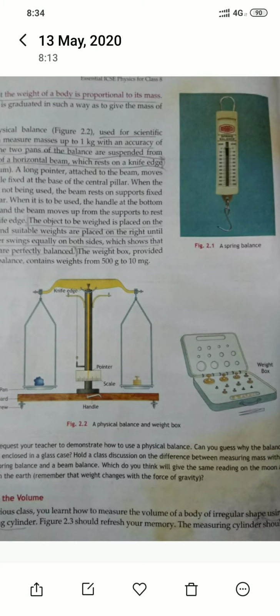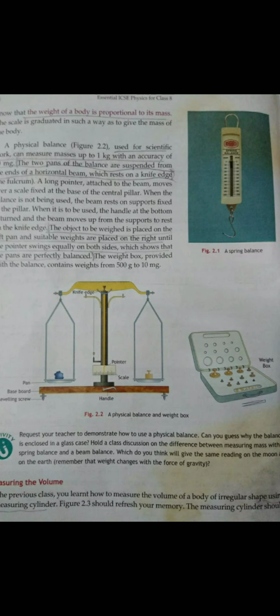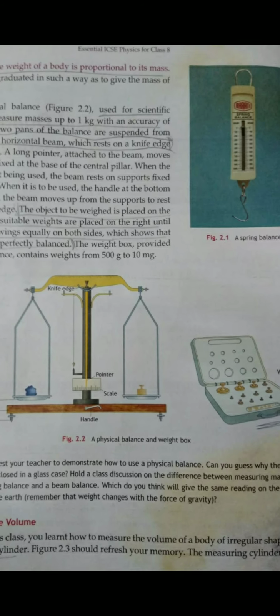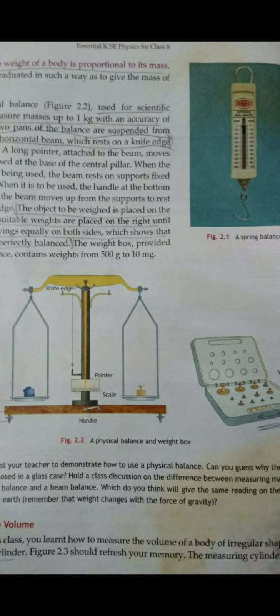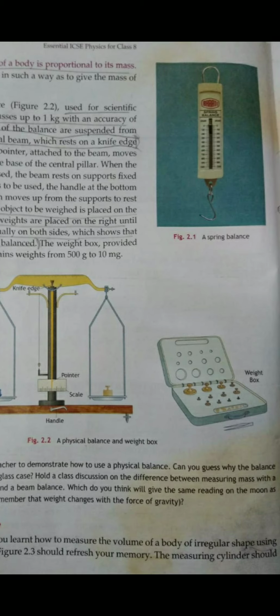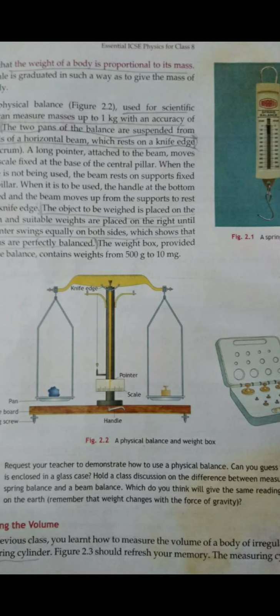At that particular point, the scale measures the mass of this object. Okay, then the other thing with which we can measure is physical balance. A physical balance is shown over here, see figure 2.2, and it also has a weight box along with it. In the laboratories we have these kind of balances.